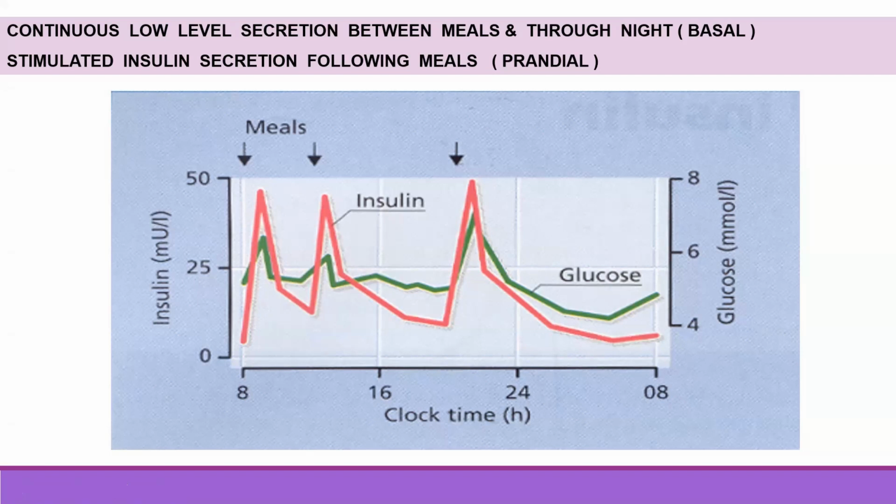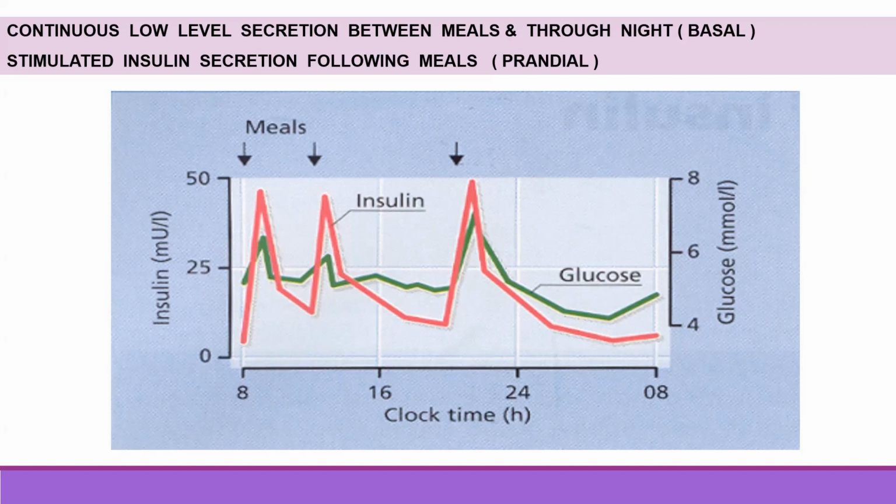So if we look into the insulin secretory pattern of the normal pancreas, it is basically of two different types. One is continuous low level secretion between meals and throughout the night, and we call it basal insulin secretion. And second, there is a stimulated insulin secretion following the meals, breakfast, lunch, and dinner, and we call it prandial insulin secretion.